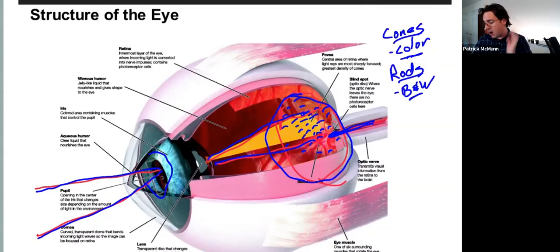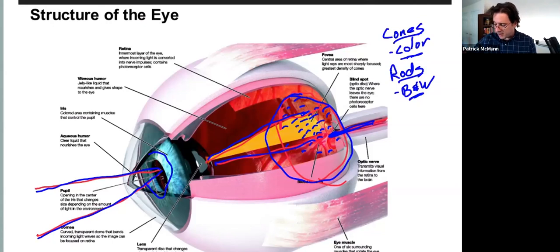Their rods are much more sensitive, and therefore they have better night vision than we do, which is another reason, and we'll talk about this next week when we get into states of consciousness, why we sleep at night, because we are not prepared to thrive during the night, okay? Most of us. So anyway, that's just the basics of the eye structure. The takeaway is that cones process color and rods process black and white.